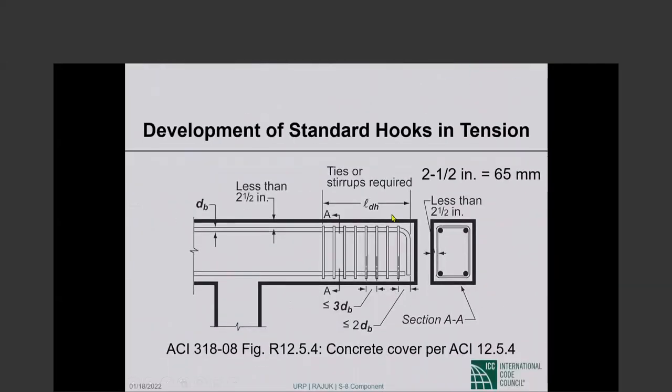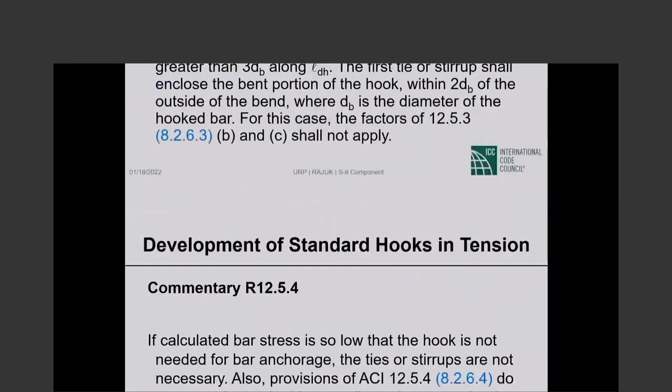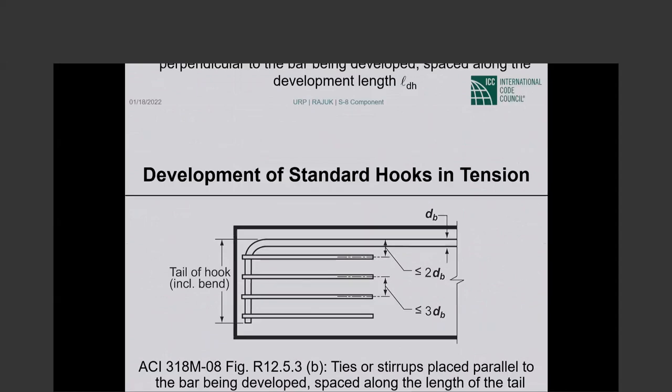So if you have, let us say, a 90-degree hook and the bar diameter is no more than 36 millimeters, and the side cover, which should be this cover here, no more than 2.5 inches, and this cover from the end of the hook to the concrete surface no more than 2 inches. If that is the case, then you get a reduction factor of 0.7.